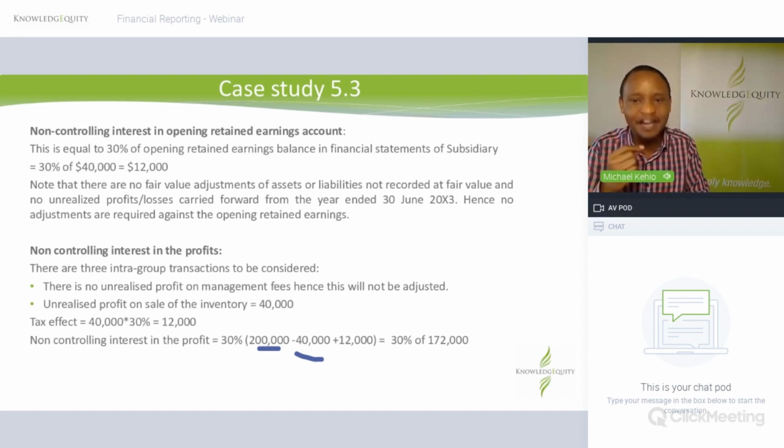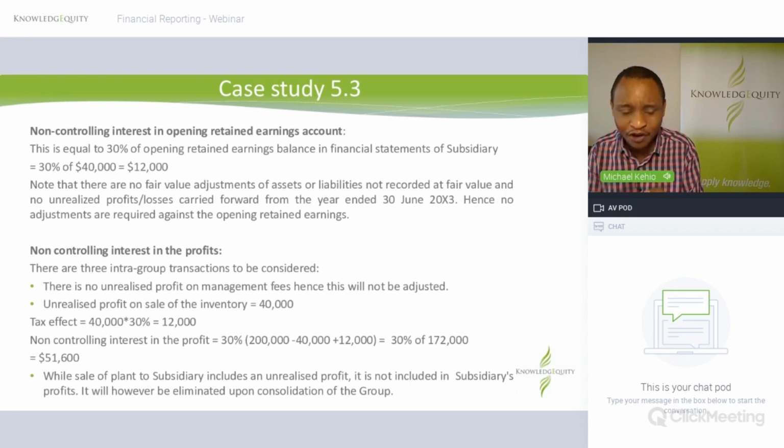So one is a negative, another one is a positive, and the total effect is minus 40,000 plus 12,000. So we have 30% of 172,000, and so the total non-controlling interest in the profit is 51,600. I'm hoping that that is very clear.